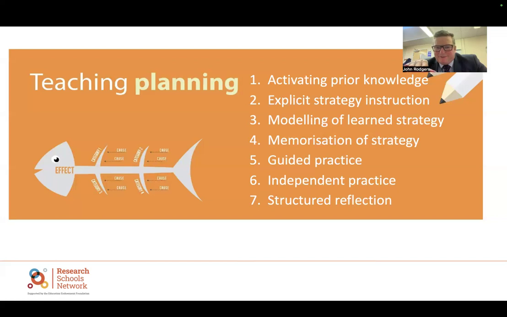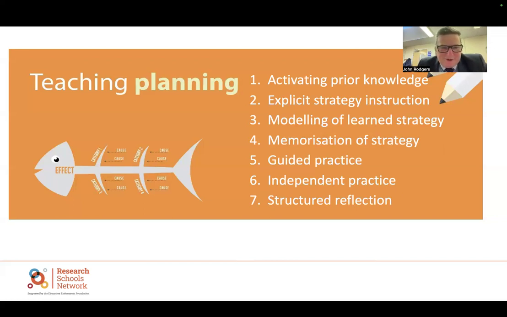Then it might be discussing the particular component of writing you're looking at, in this case the planning. One of the strategies is that the fishbone is going to use a graphic organizer to explicitly teach that strategy. Before the kids do it, the teacher models that really clearly.